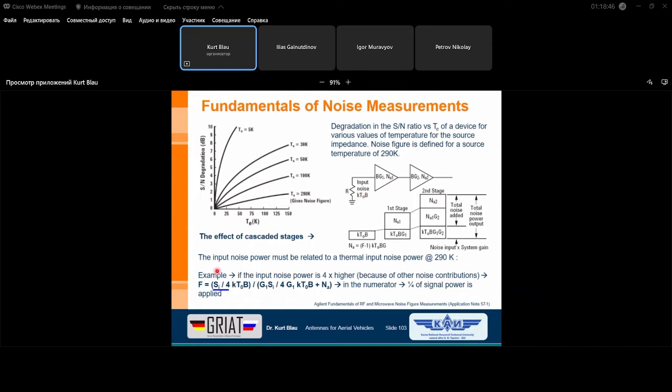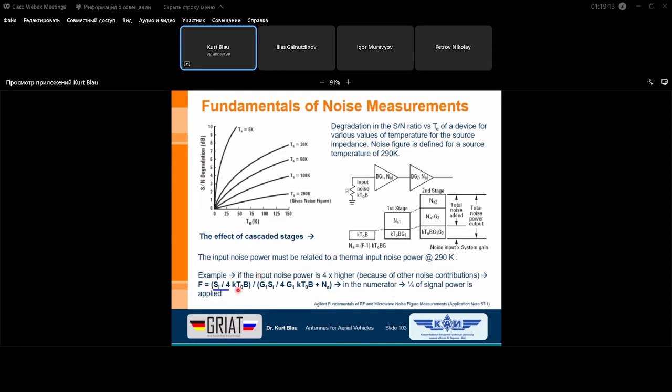And I make this primitive experiment here in this formula. I divide the input signal power by 4 times the thermal noise power. That means the input signal to noise ratio is only a fourth. And what happens at the output? If you rearrange the formula, you can see it's the same.